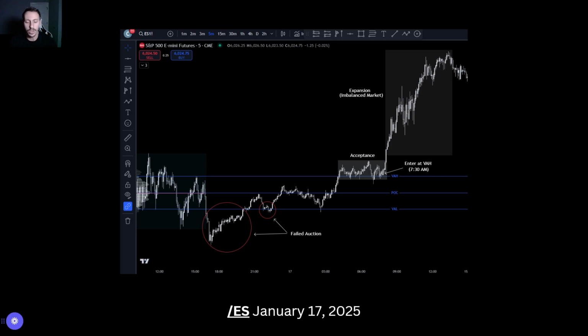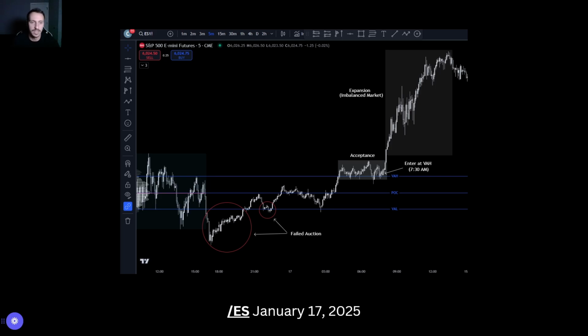And the reason it works is because we can all agree that the New York session is the most liquid session for the S&P. That's when you see the highest amount of volume usually. You see a lot of liquidity, a lot of big moves taking place. So with that being said, that also brings me to the conclusion that these are when these big players are in the market.